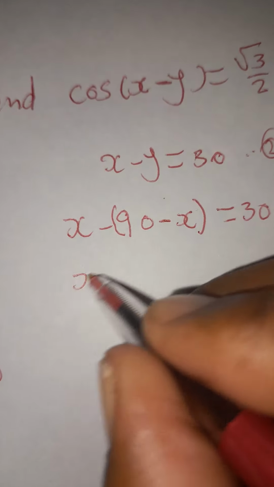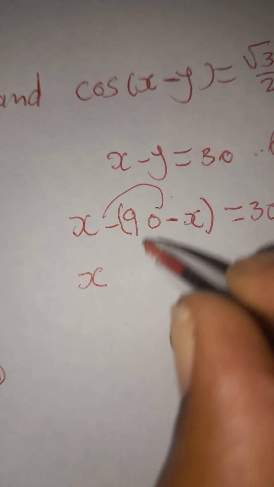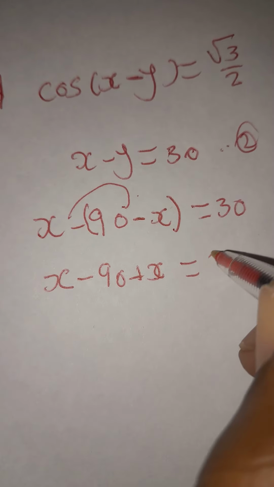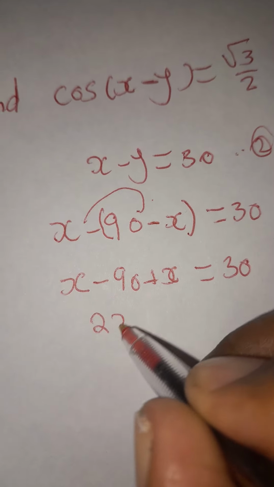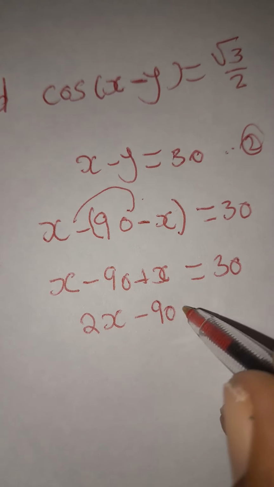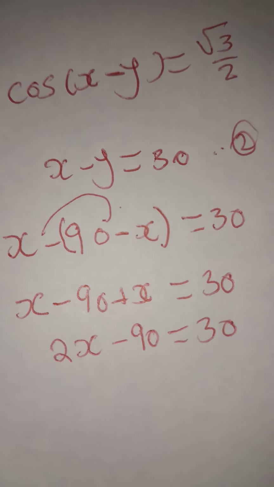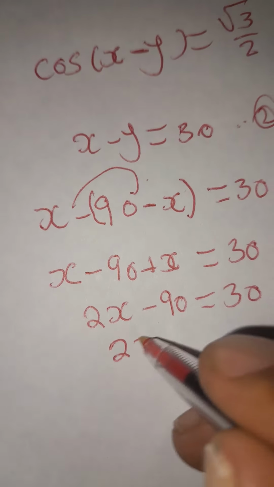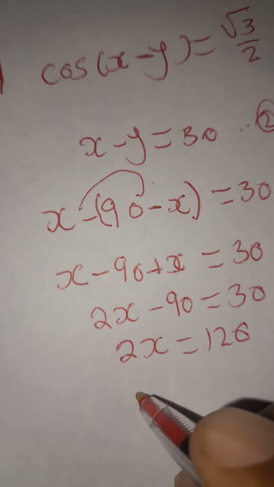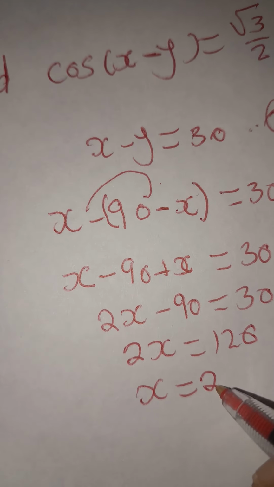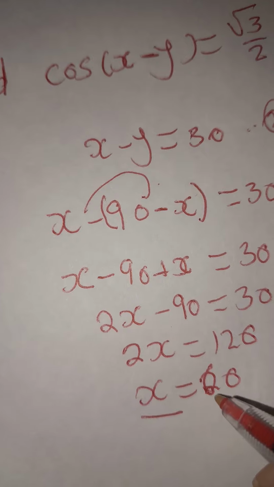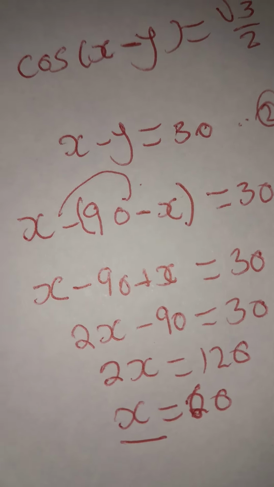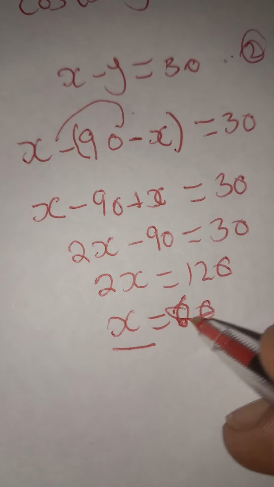That will be negative 90 plus x, equated to 30. Then x plus x, that will be 2x, subtracted by 90 equated to 30. Then 90 plus 30, that is 120. Divide both sides by 2, that will be 60, not 20. So x is 60, guys.